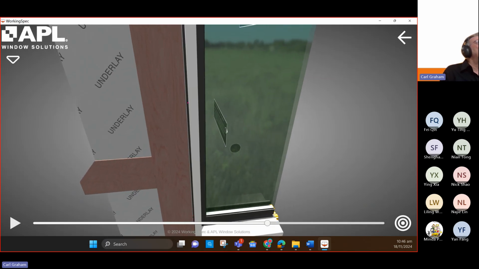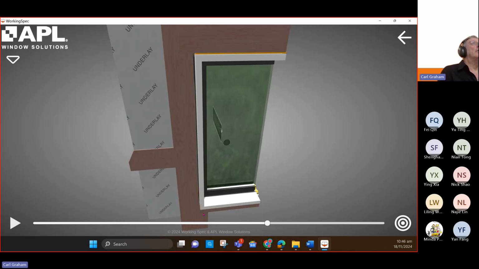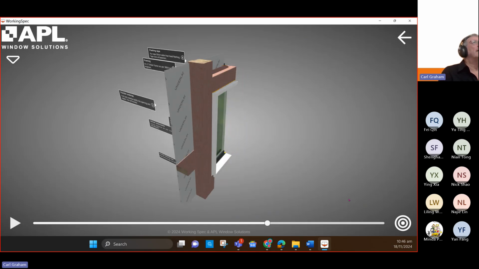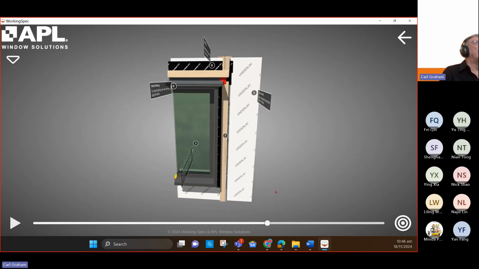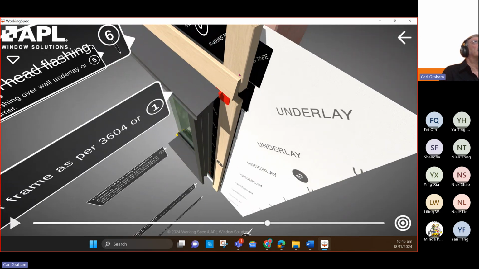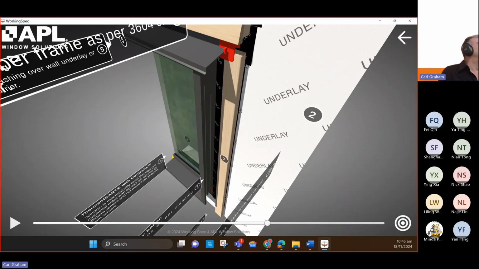There's got to be a minimum of 10 millimeters right around the window. But it's not at this stage that I look at that. At this stage, all I'm doing is looking at the wrap and how they've detailed that flashing detail and stuff around there.